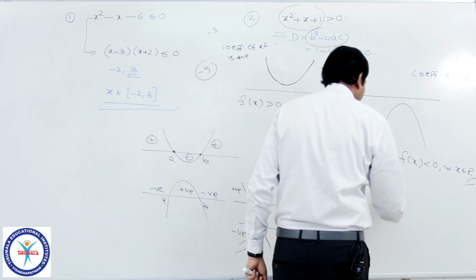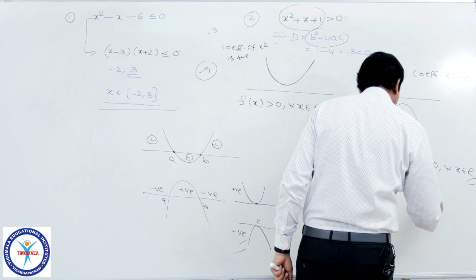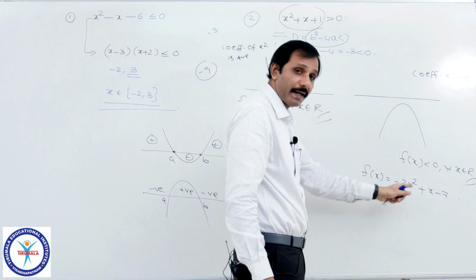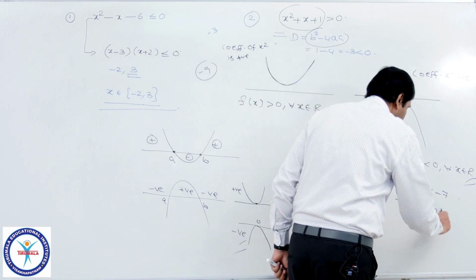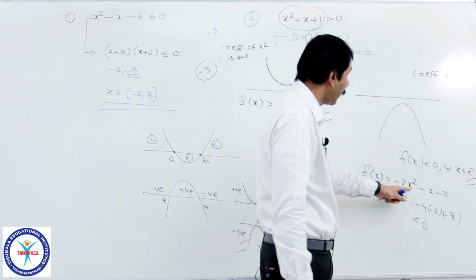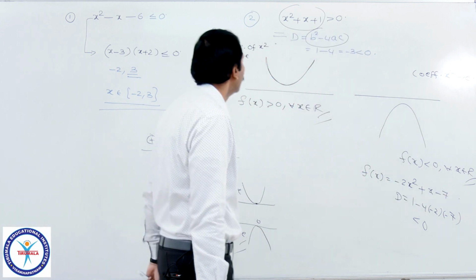For example, if I take minus 2x square plus x minus 7, now b square minus 4ac, the discriminant, is b square minus 4 into minus 2 into minus 7, clearly less than 0, and because the coefficient of x square is negative it lies below the x-axis.